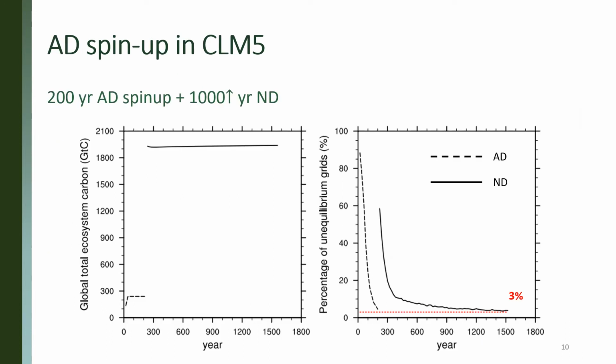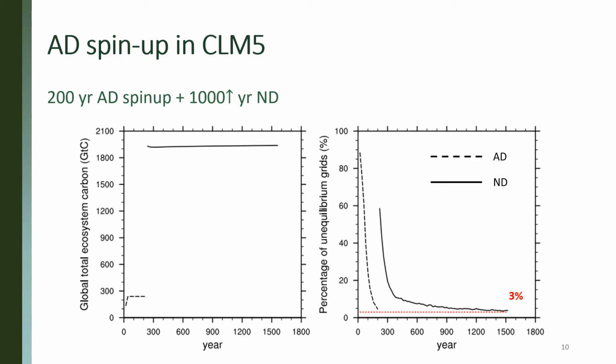There are some motivations for us to develop semi-analytic spin-up. Before semi-analytic spin-up, CLM5 used the accelerated decomposition spin-up. We call it AD spin-up. As more and more carbon and nitrogen interaction is incorporated into the model, the efficiency becomes an issue for the AD method. As we mentioned before, AD spin-up includes two phases, an AD spin-up phase and a normal spin-up phase.